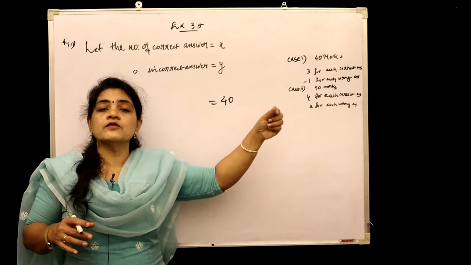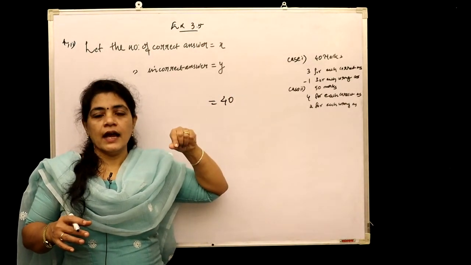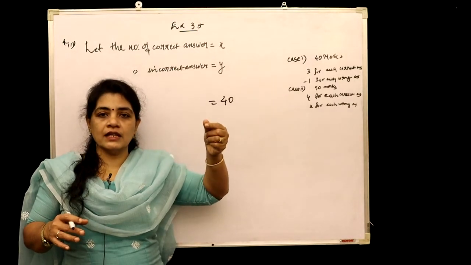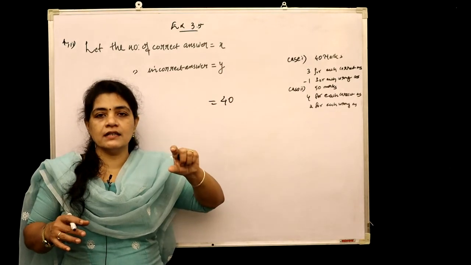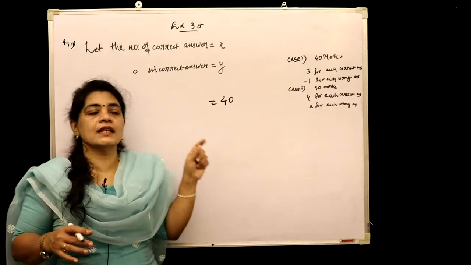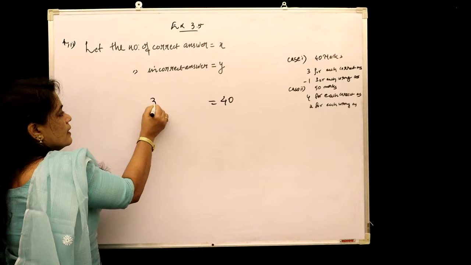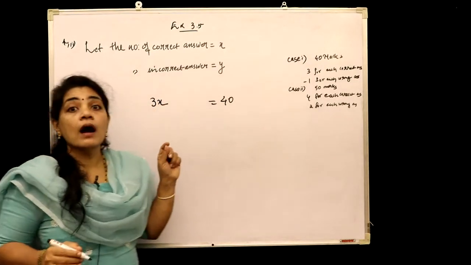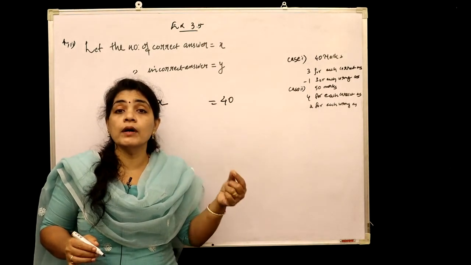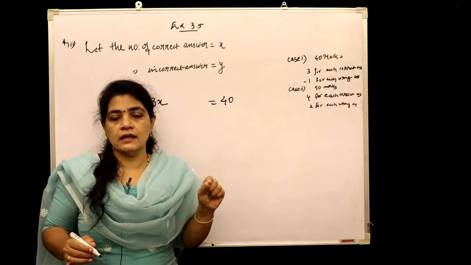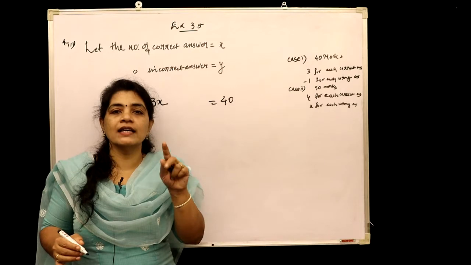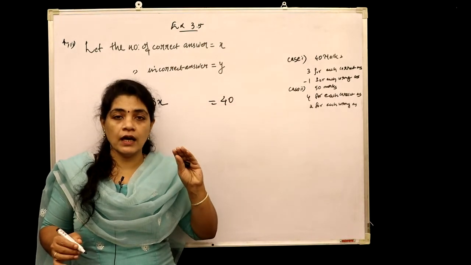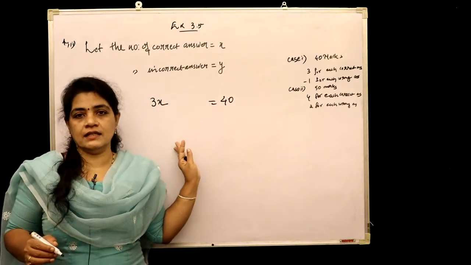Since 3 marks is for each correct answer and the number of correct answers is x, so 3 into x, the mark for correct answers is 3x. And the mark for y incorrect answers, for each incorrect answer 1, so 1 into y is y, and this we have to subtract from 3x.